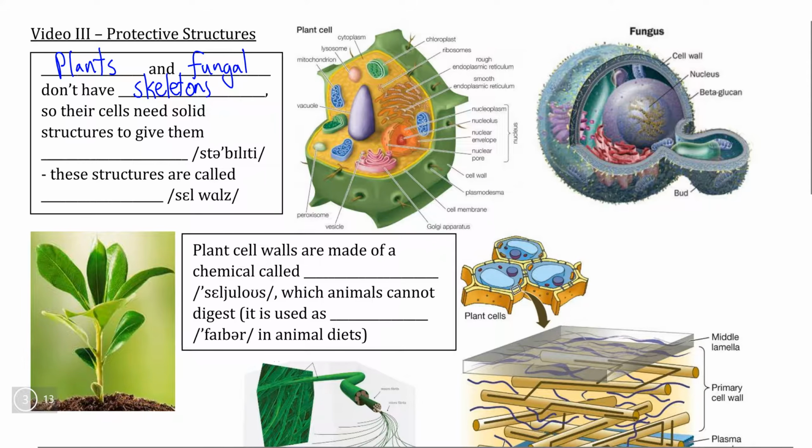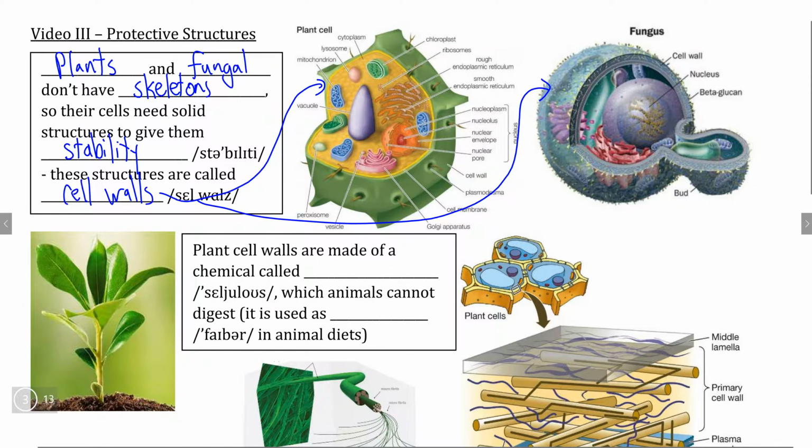And so they need a system that gives them the structural stability, that being the ability to stand up straight and not actually fall over or melt into a puddle of jello, that animals use their skeletons for. And that structure in plants and fungi are what we call cell walls, which we find on the outermost layer of the cell outside of their cell membrane.